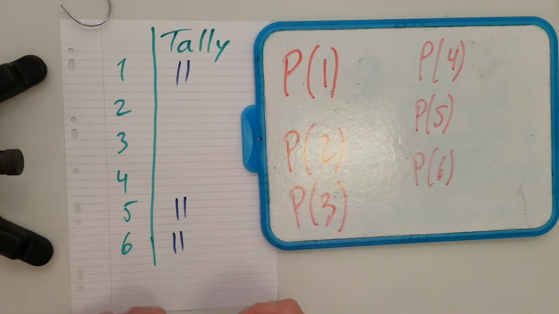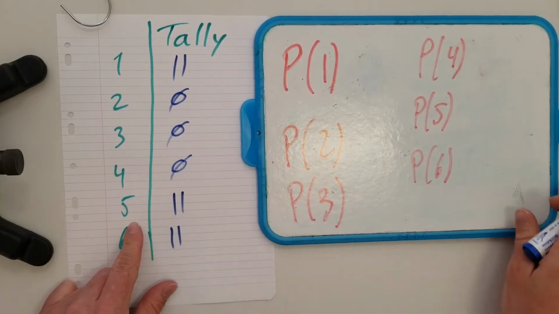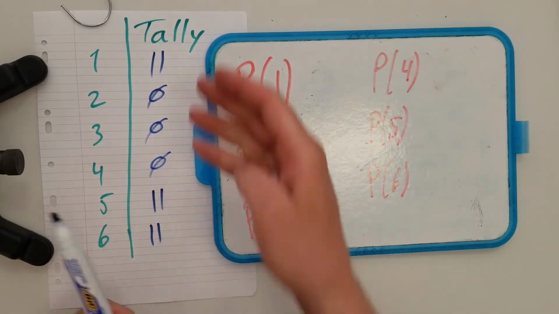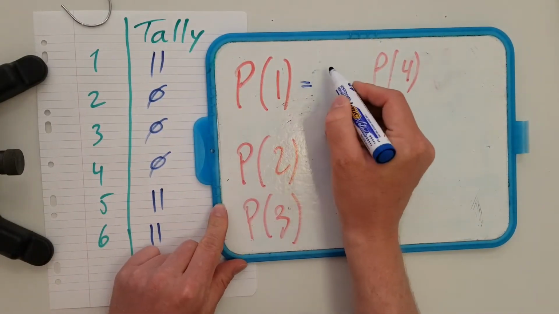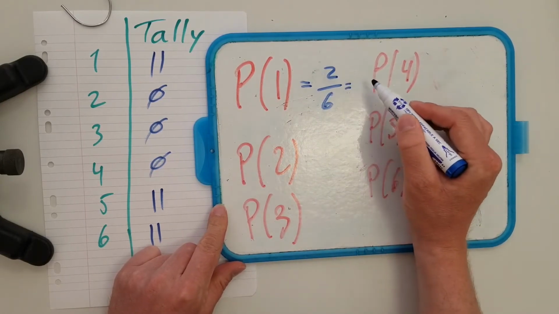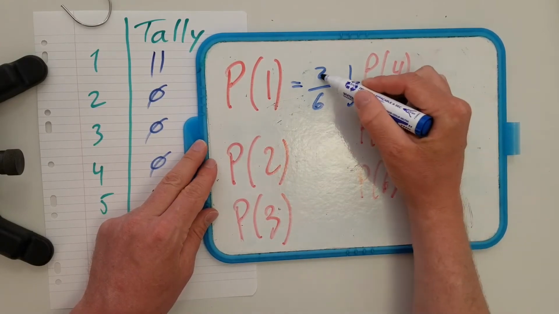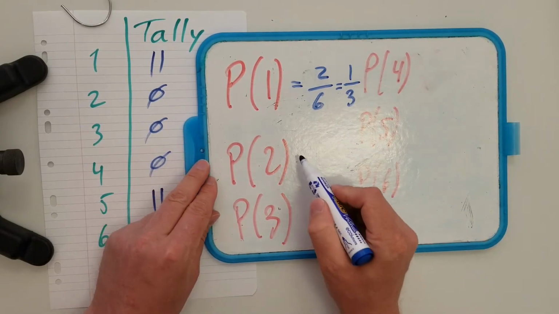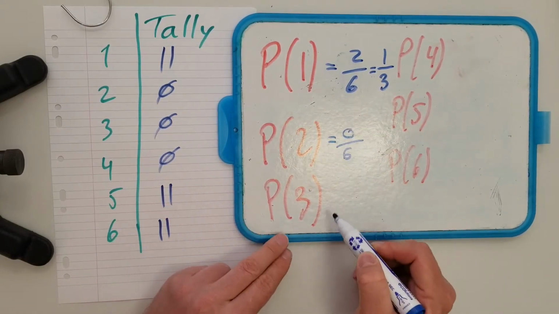2, 4, 6. Okay, so I didn't get any 2s, I didn't get any 3s, and I didn't get any 4s. Perfect. So in my experiment, the probability of getting a 1 was actually 2 out of 6. And we could simplify that fraction down a little bit to be 1 over 3. I just divide the top and I divide the bottom. The probability of getting a 2 was 0 out of 6.